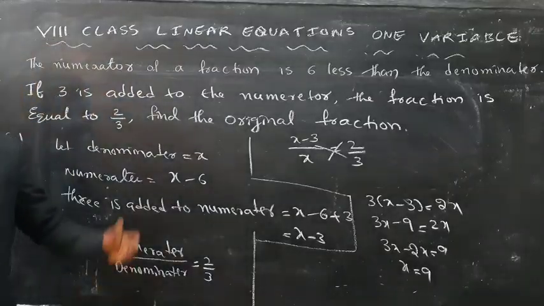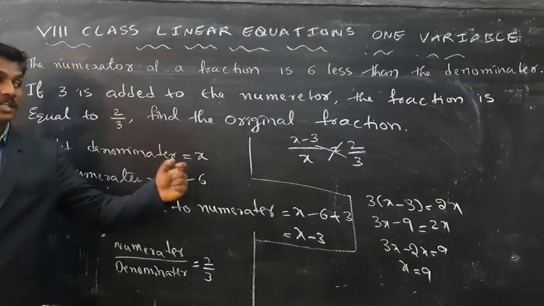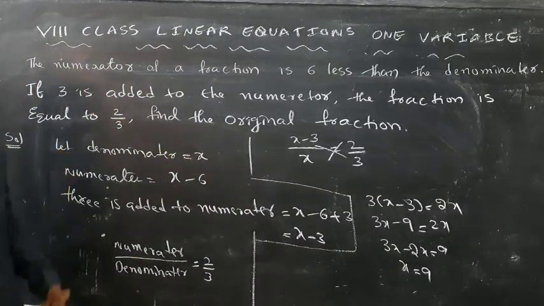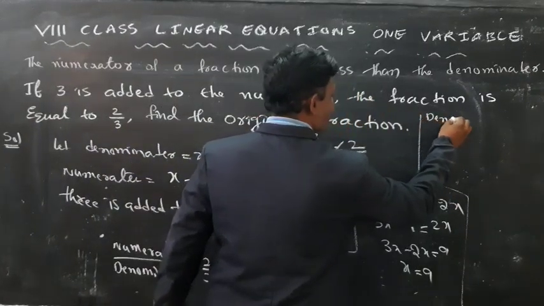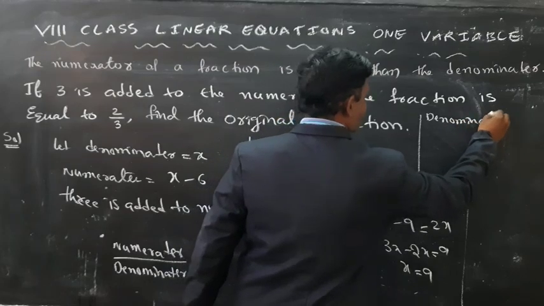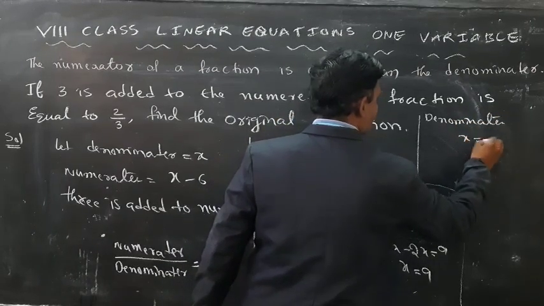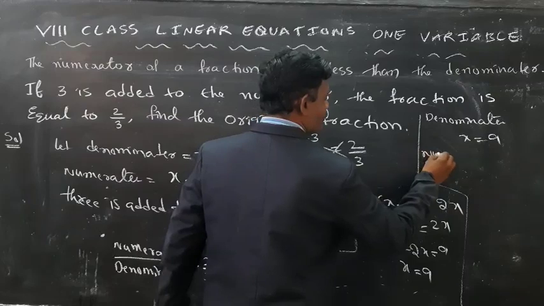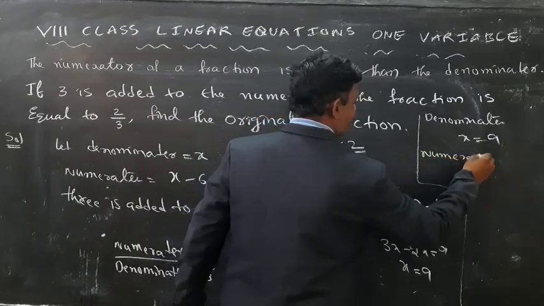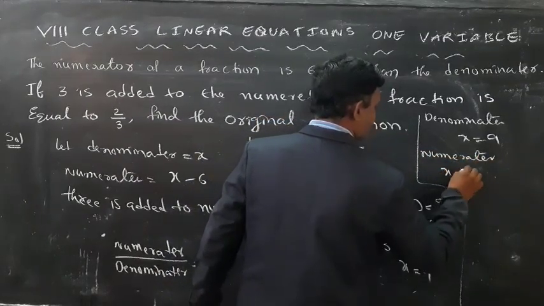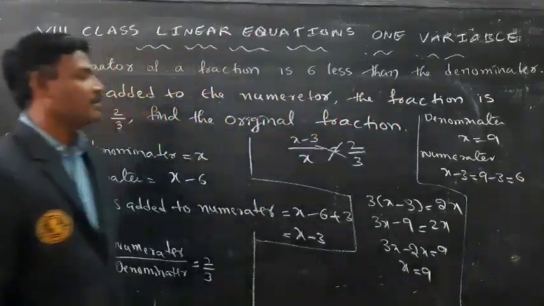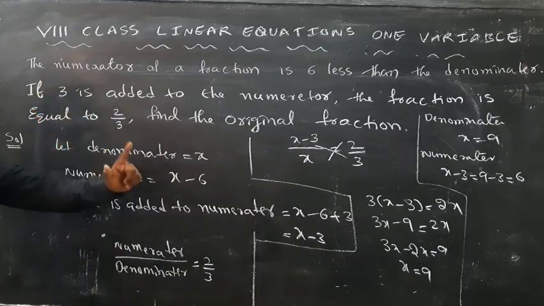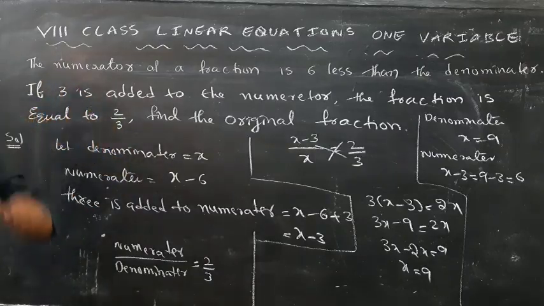What is the value of x? x is equal to 9. x is nothing but the denominator of the fraction. So denominator is equal to x, numerator is equal to x minus 3.